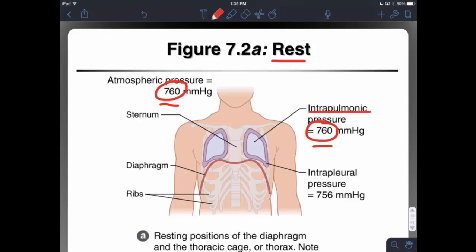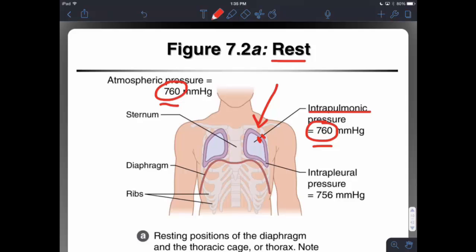Remember that your lungs are suspended in your cavity by the two pleura. The visceral pleura is attached to the lungs, that's the inner membrane, and the parietal pleura is attached to your thoracic cavity.